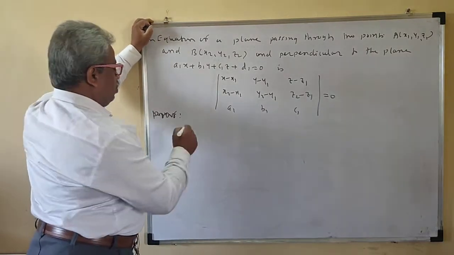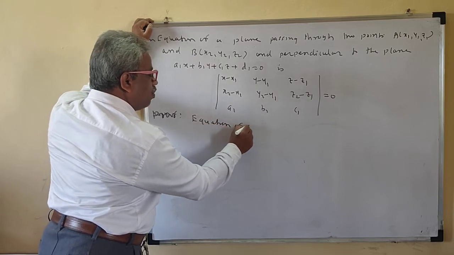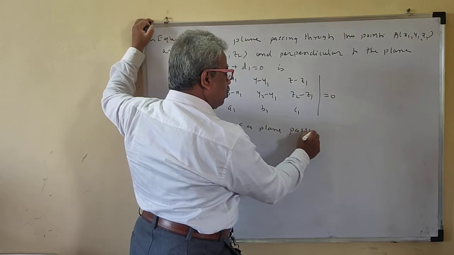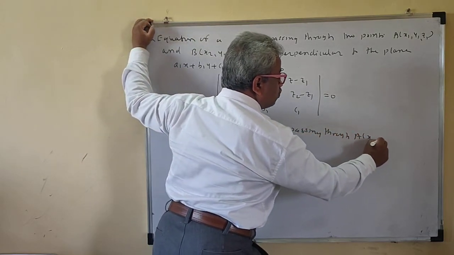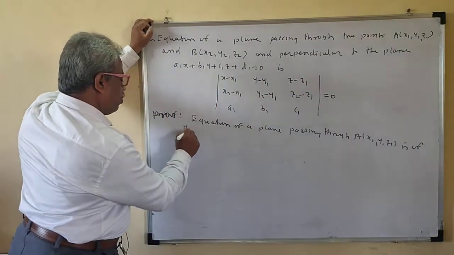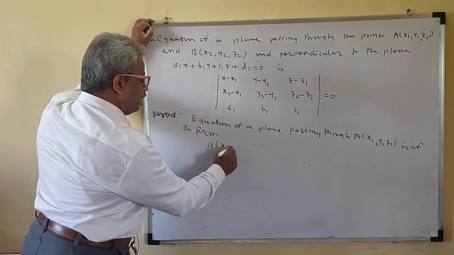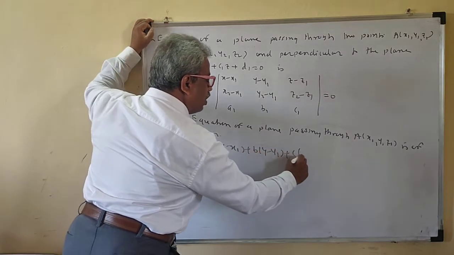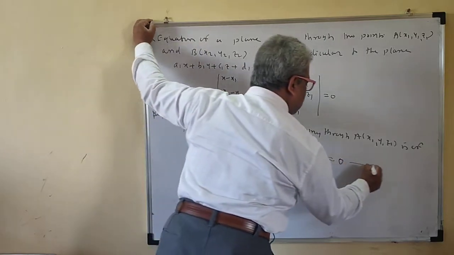So now we'll write the equation of a plane passing through A(x1, y1, z1), of the form A(x − x1) + B(y − y1) + C(z − z1) = 0. We'll use one point first. I will call this equation 1.